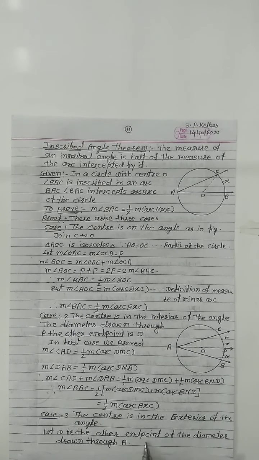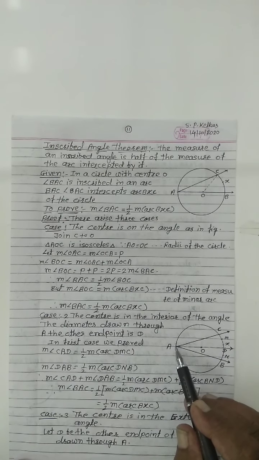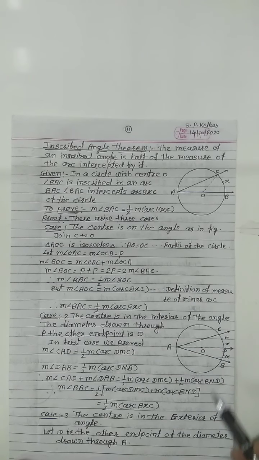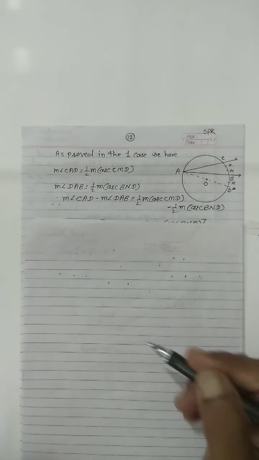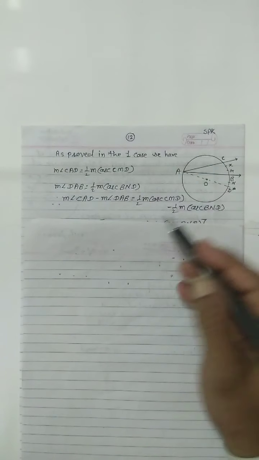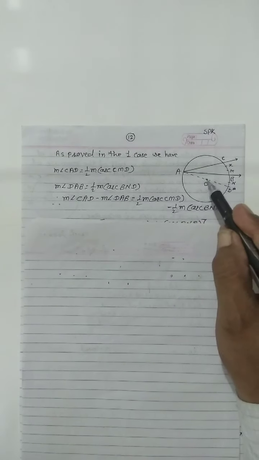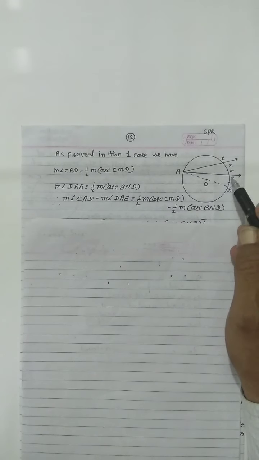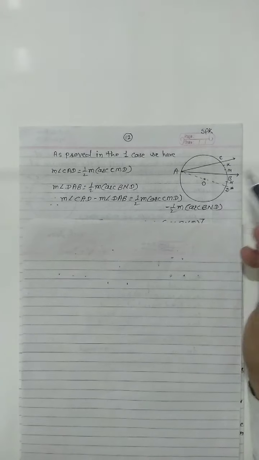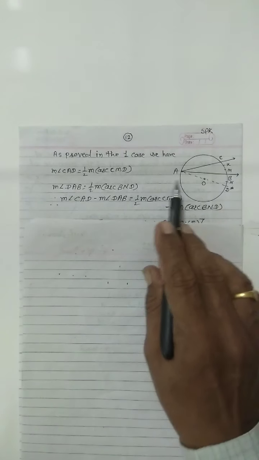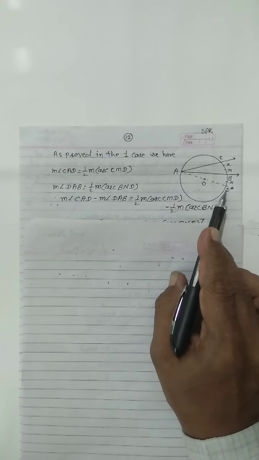Let D be the other endpoint of the diameter drawn through A. Then we again draw the diameter which starts from A and the other endpoint is D. Now in the third case, the diameter is drawn from A, and the center lies outside of this triangle BAC. Here is the center of the circle, then we draw the diameter AD.